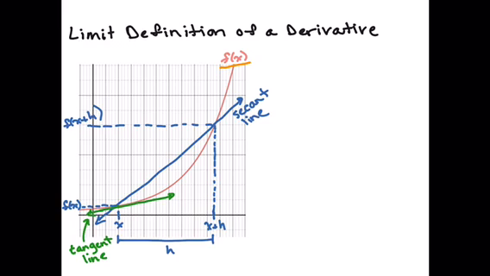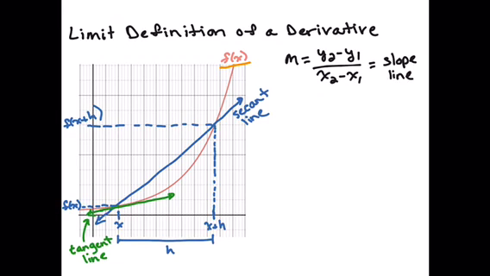Now, if I want to describe how a curve is changing, let's think about how we describe how a line is changing. The rate of change of a line is the slope. And that's the formula for the slope of a line.